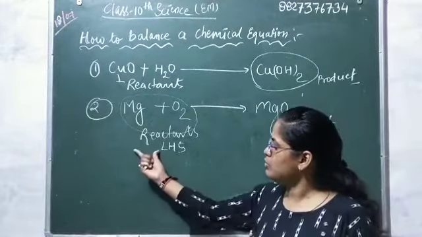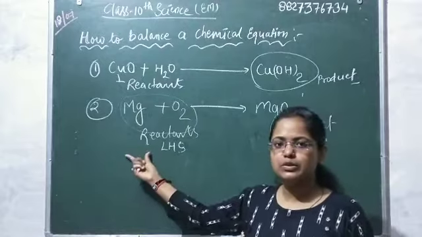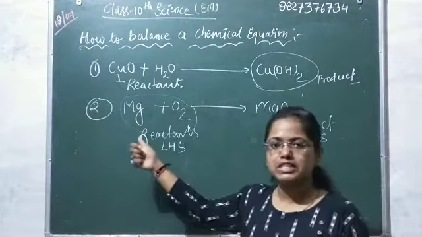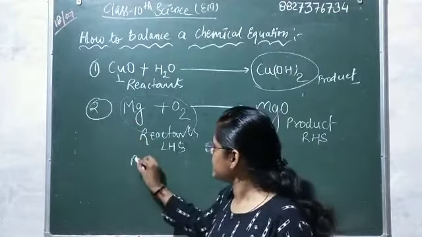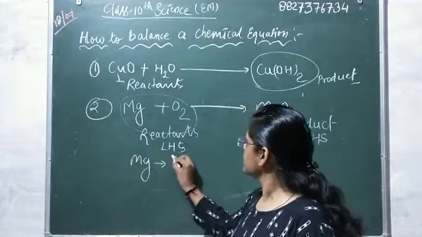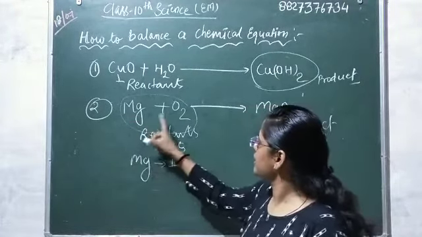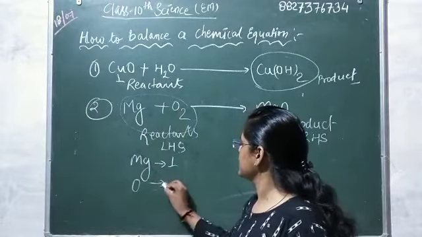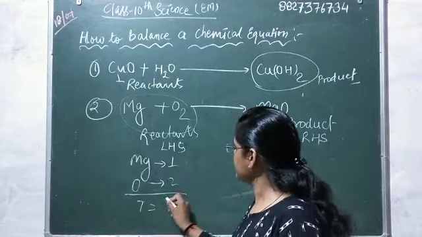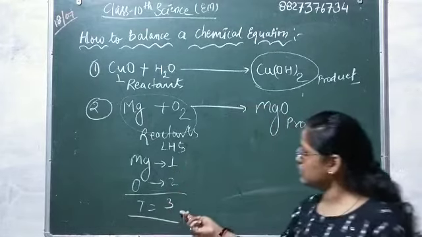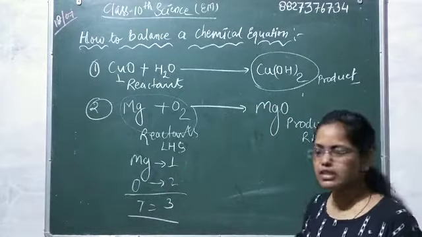So now count how many molecules or atoms are present in reactants. So let's count. The number of magnesium is 1, the number of oxygen is 2. So total 2 and 1, 3. The total number of reactants is 3.